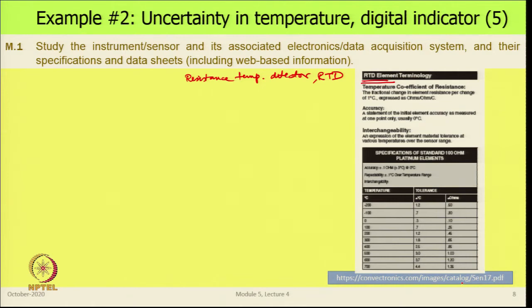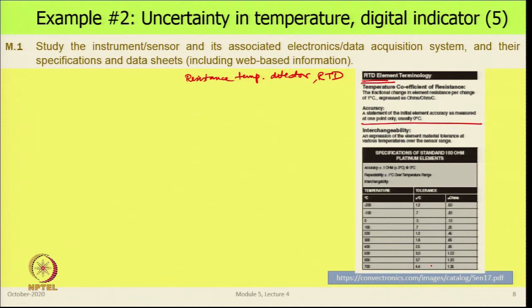So, they have their own pros and cons, and depending on the application we have to make a call. So, it says RTD elements, the terminology is given there, and accuracy, it says the statement of the initial element accuracy as measured at one point only, usually 0 degrees Celsius.